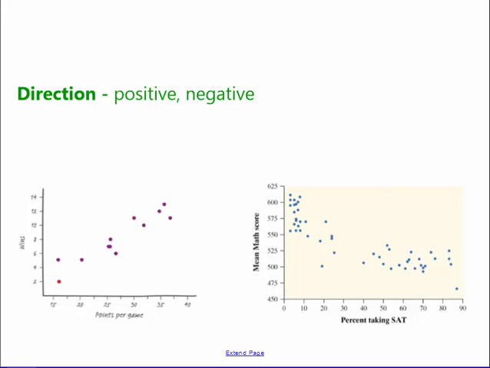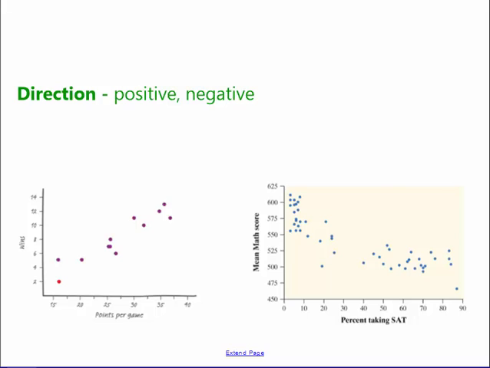So S is our strength, T is our type, U is unusual features, and the D in STUD is: is it positive or negative? Here on the left-hand side we have a positive association. On the x-axis we have the number of points scored in a game, and on the y-axis we have wins. Generally speaking, as x increases, as you score more points, you tend to win more games.